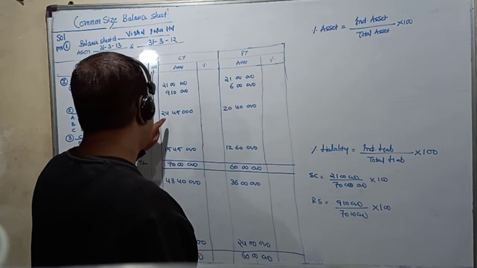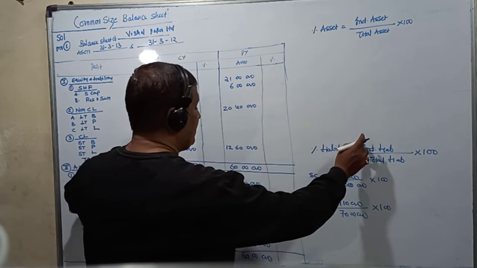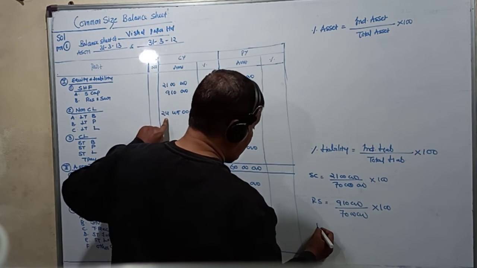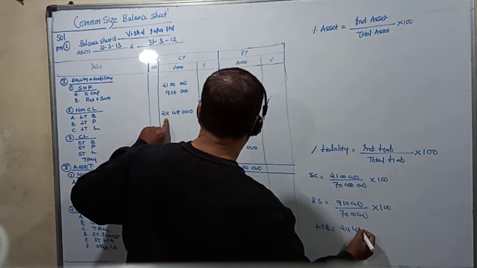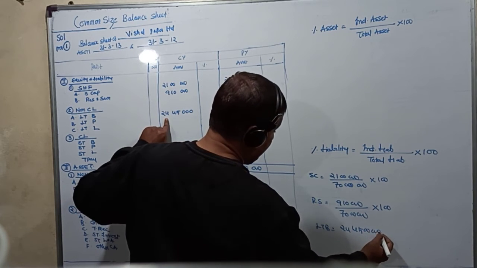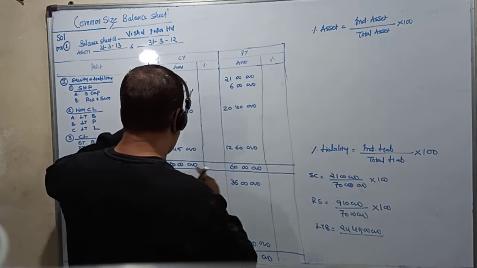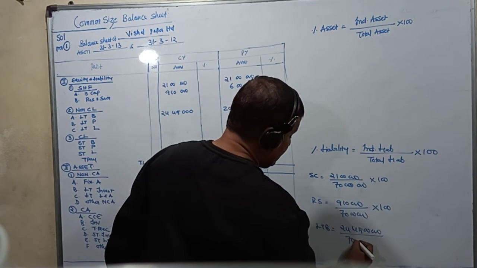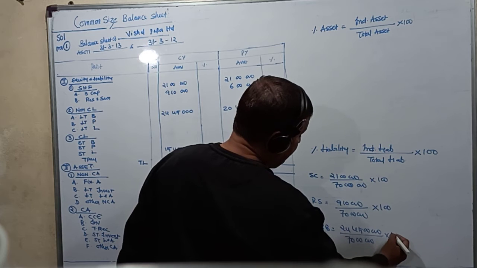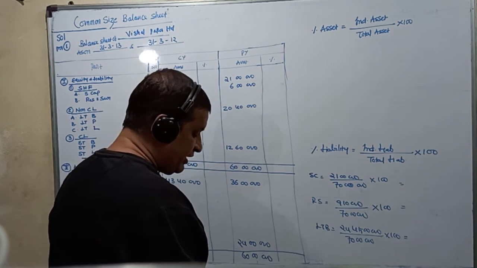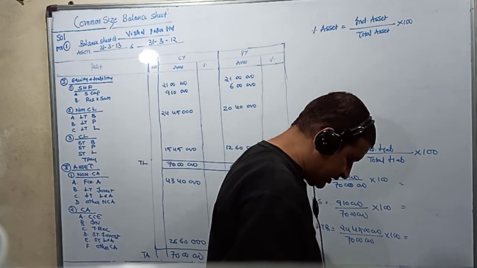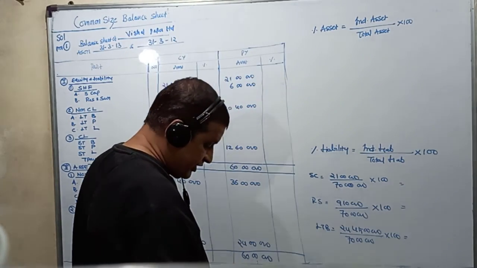Now come to the next, long-term borrowings. Individual liability 24 lakhs 45,000 divided by total liability 70 lakhs into 100. Like that we get the respective percentages.